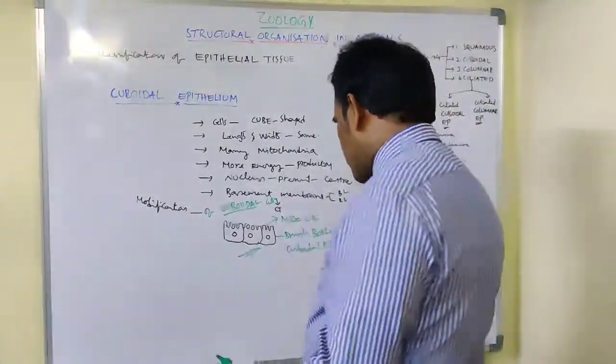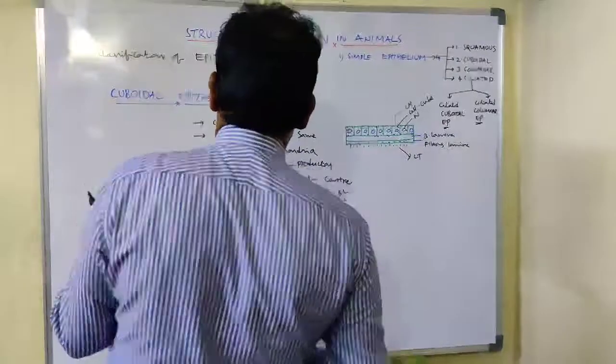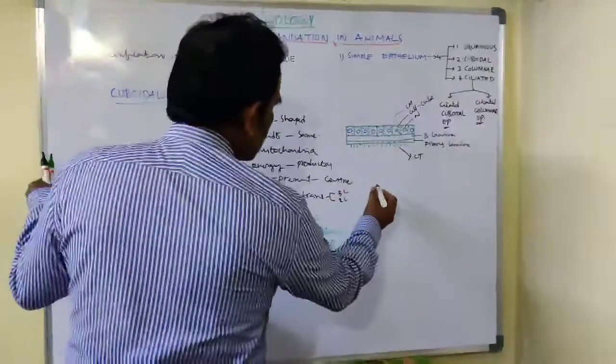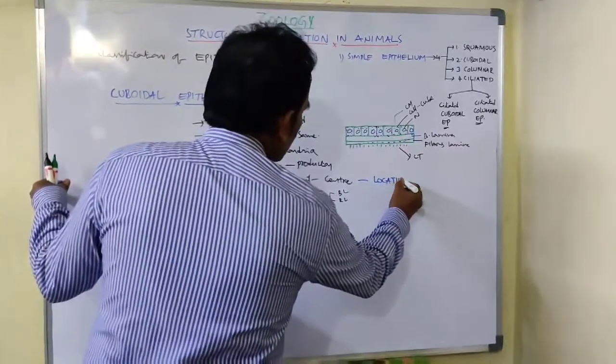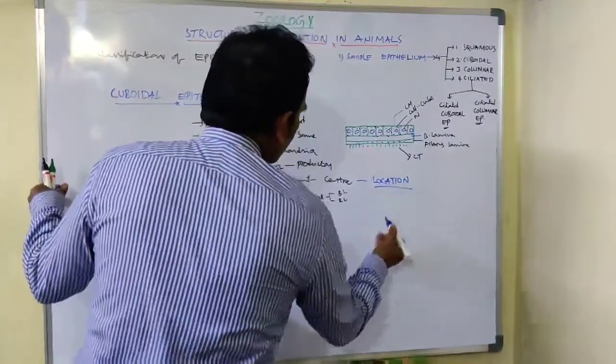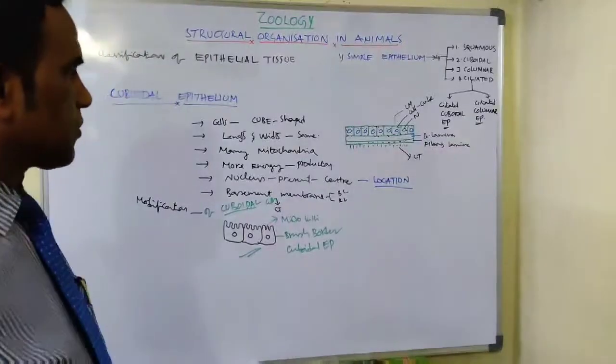Alright, now let us go on. The next one is the location. As we said, there are three things you need to remember: the structure of a tissue, the location of the tissue and the functions of the tissue.